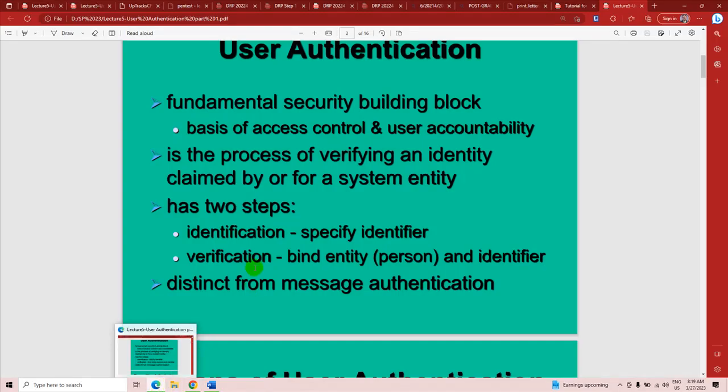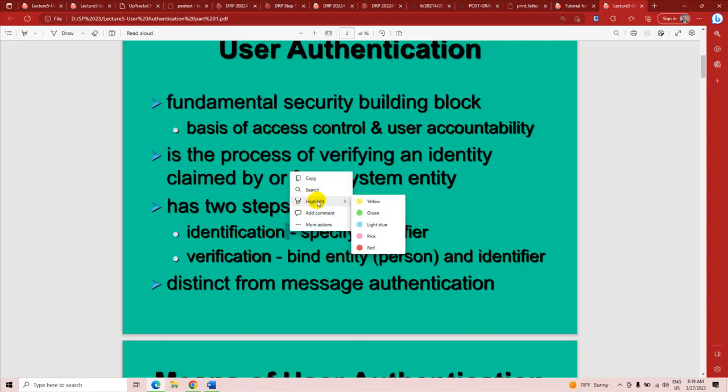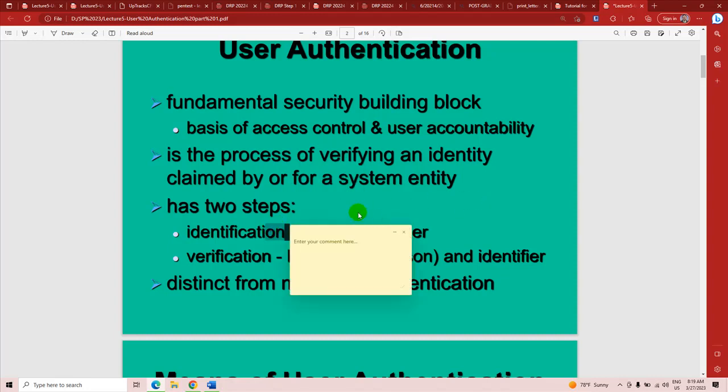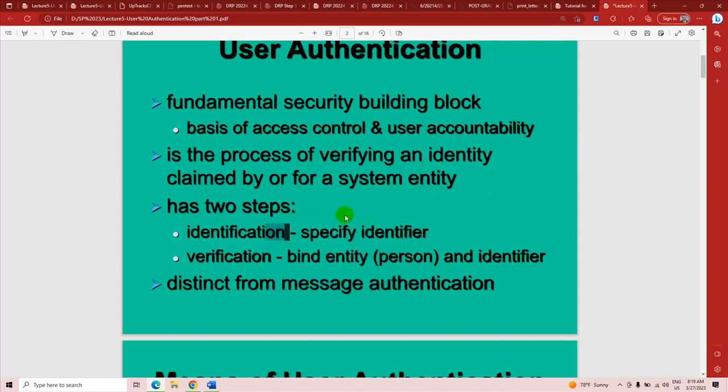So to do the authentication, two things are needed.